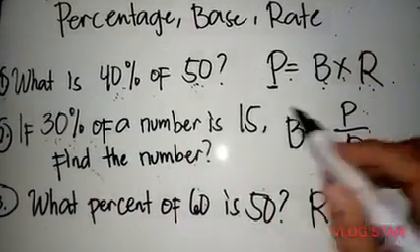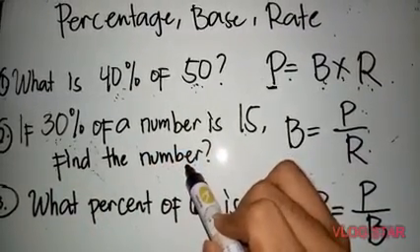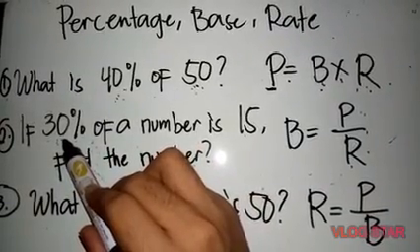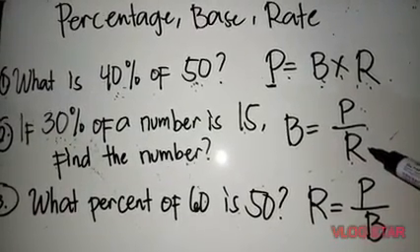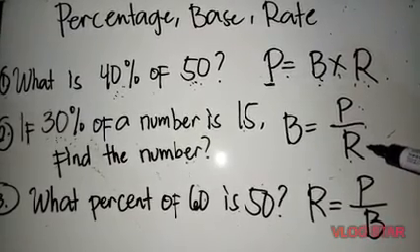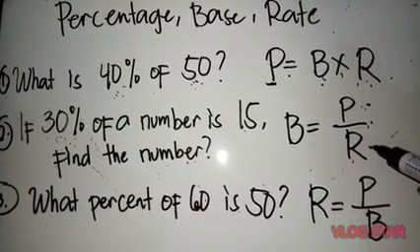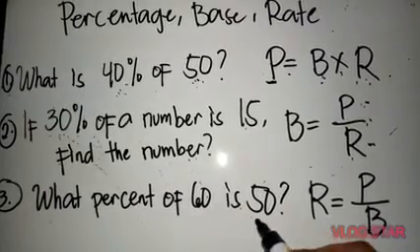So percentage is 15, which is the 30% of the number, and rate is 30%. So again, rate here must be written in decimal form. So 15 divided by 0.30.